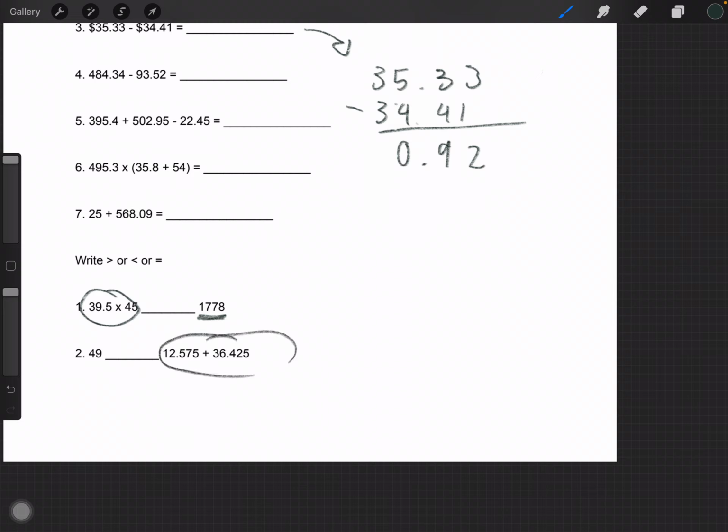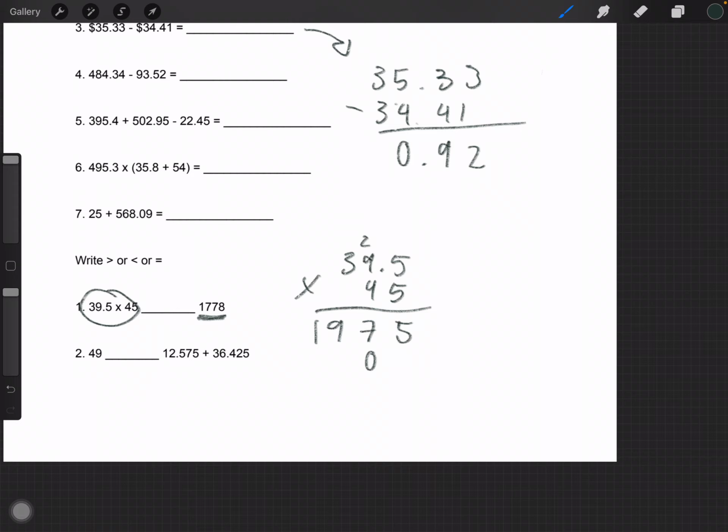Same thing goes here. So let's try number 1 down here. It says 39.5 multiplied by 45. When you multiply, you don't need to line the decimals up. 4 times 5 equals 20.